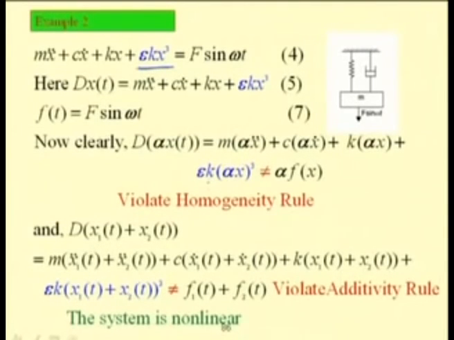But this epsilon k alpha x cube is not equal to alpha times epsilon k x cube. To obey the homogeneity rule, it should have been alpha epsilon k x cube. So this is not equal to alpha F(x), and this does not obey the homogeneity rule. Similarly, one can see that it violates the additive rule also.